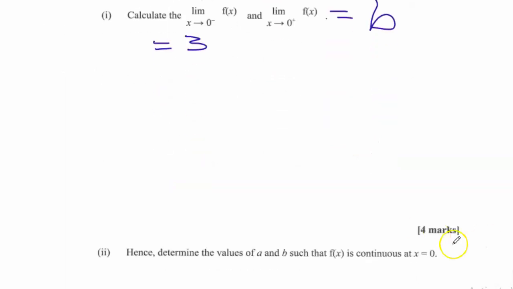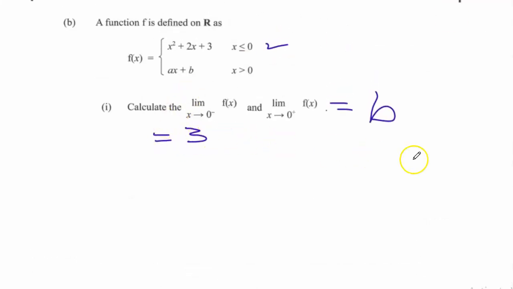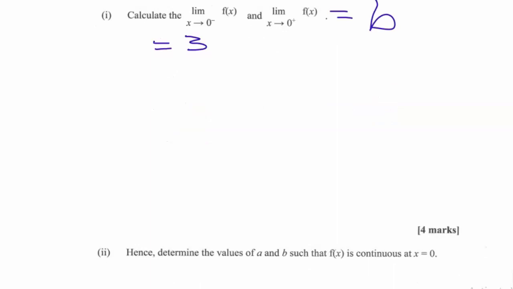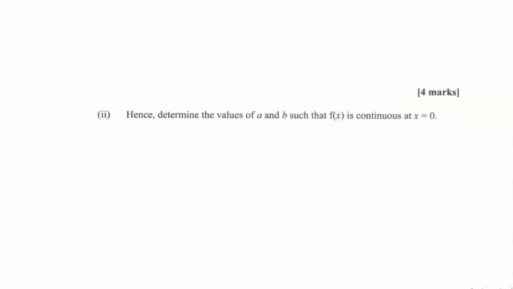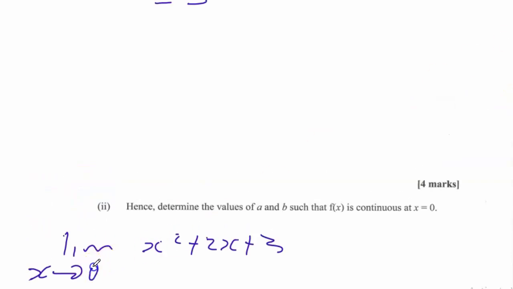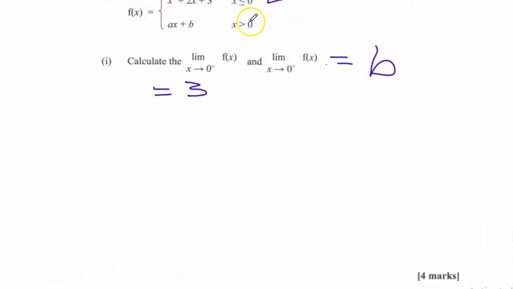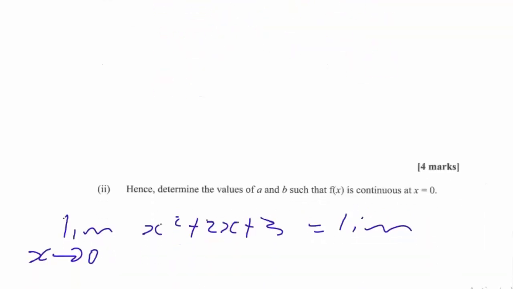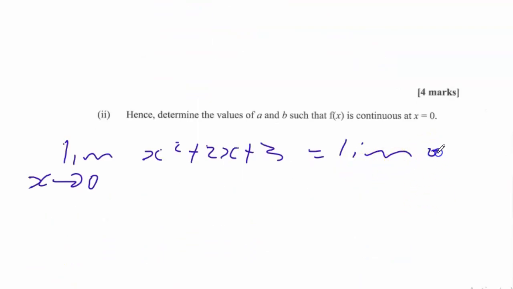So the limit of x squared plus 2x plus 3 as x approaches 0 must be equal to the limit of ax plus b as x approaches 0.